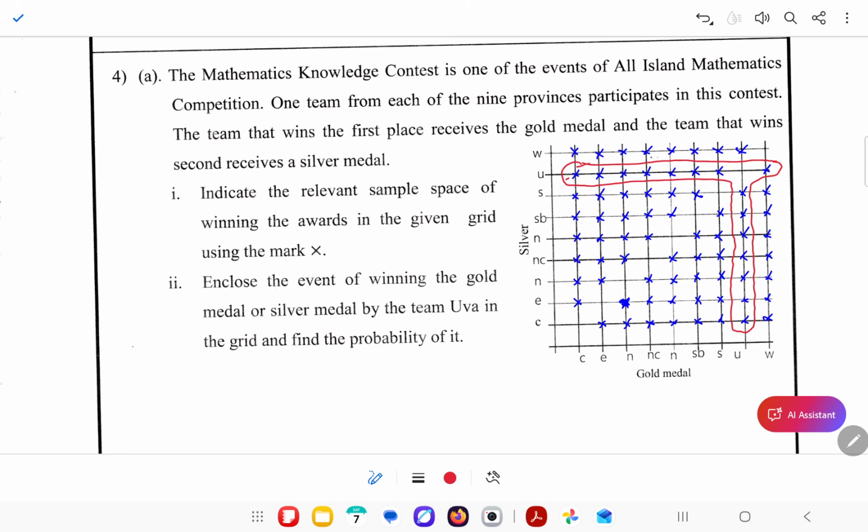Gold or silver by over. So total how many points? 1, 2, 3, 4, 5, 6, 7, 8. 1, 2, 3, 4, 5, 6, 7, 8, 9. So total 72. Over how many points? 1, 2, 3, 4, 5, 6, 7, 8, 9, 10, 11, 12.